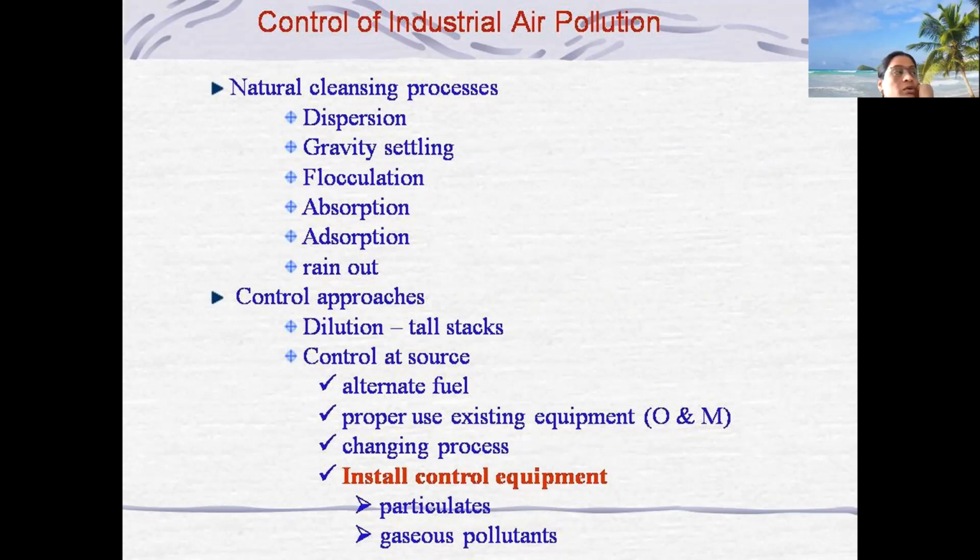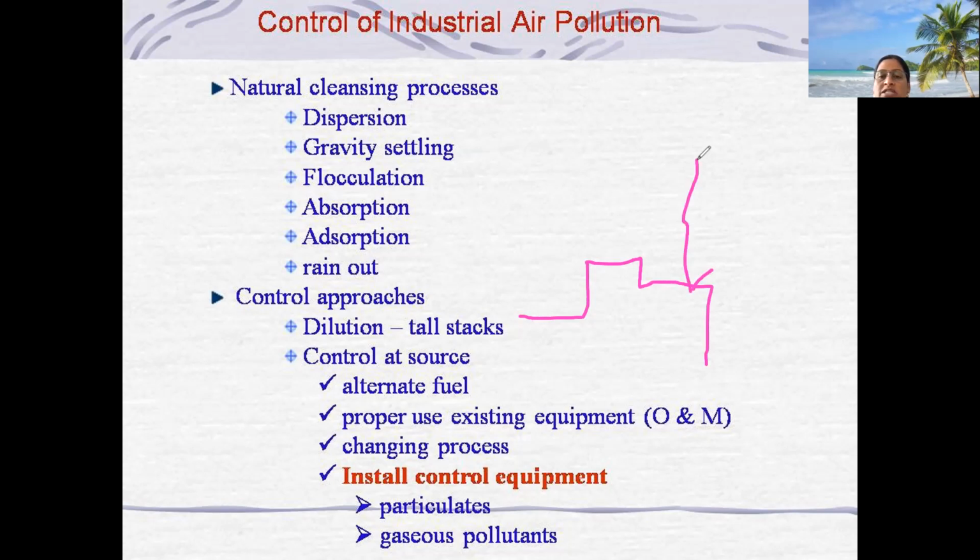Then the control approaches we can go for. Either we can dilute it by installing tall stacks. Suppose this is the industry, and in that industry there is an emission of air pollutants from the source. You should not allow immediate exposure.